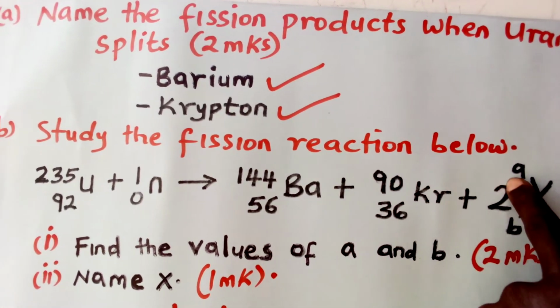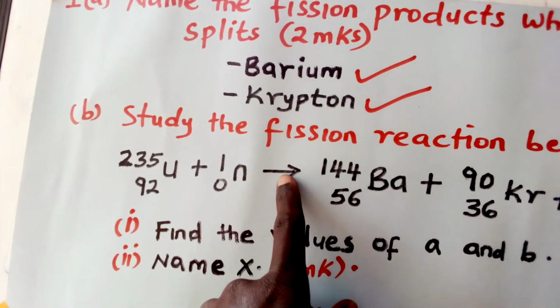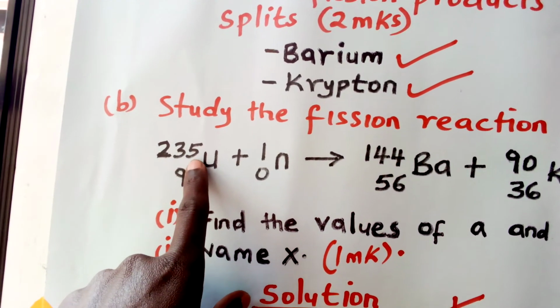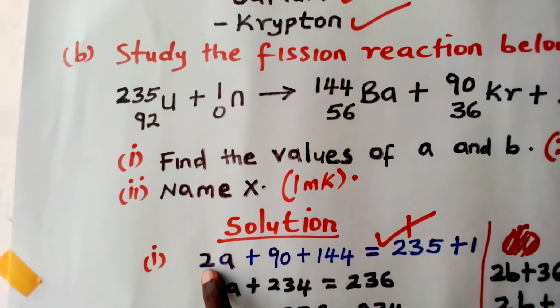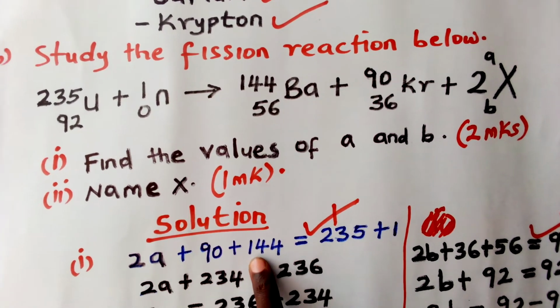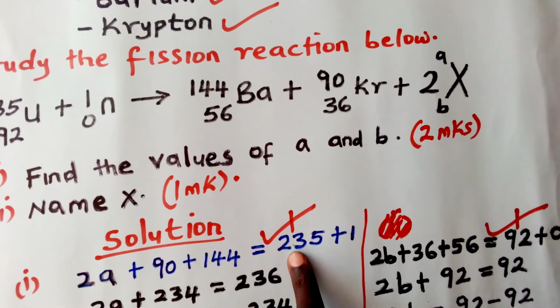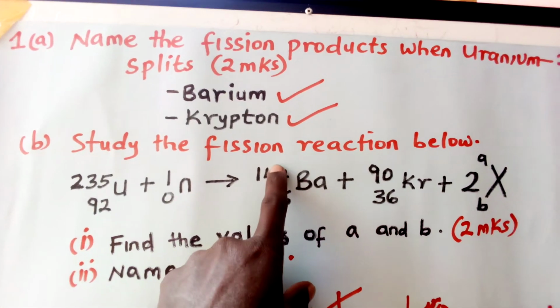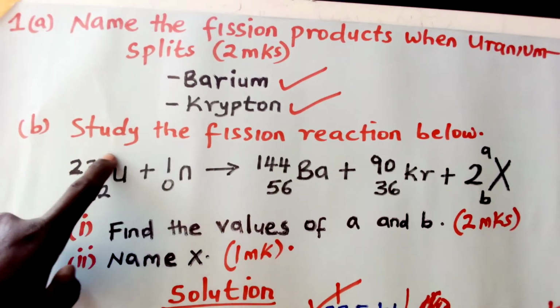The mass numbers on this side must be equal to, when we cross the line, 1 plus 235. So 2A plus 90 plus 144 is equal to 235 plus 1. We add all the top ones here, and they must be equal to all the top ones here.